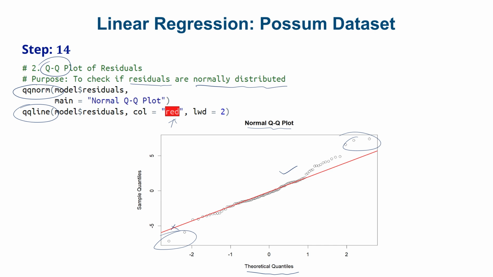There is no strong evidence of skewness or heavy tails, so we can reasonably trust the statistical inference from our regression model, like the p-values and confidence intervals. So far, our model is doing well. It satisfies both linearity and constant variance, and now normality of residuals. That's exactly what we want to see in a reliable linear model.